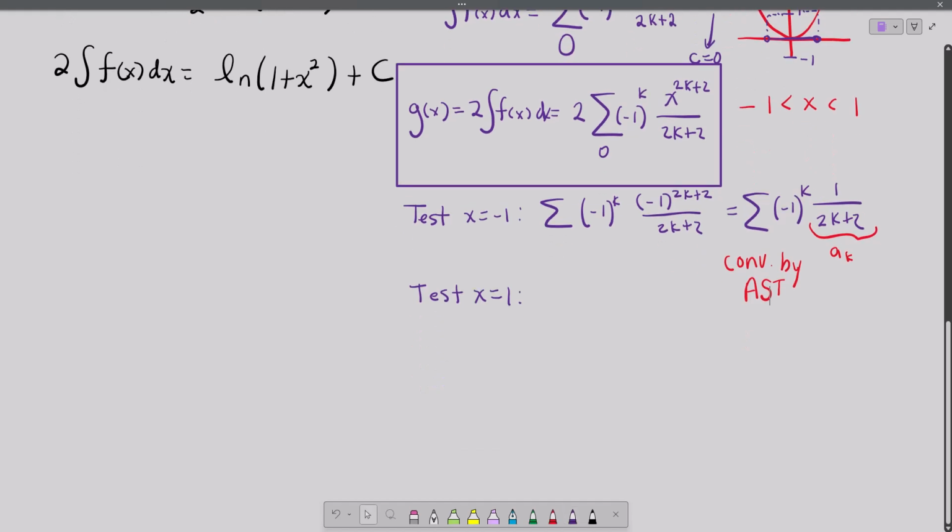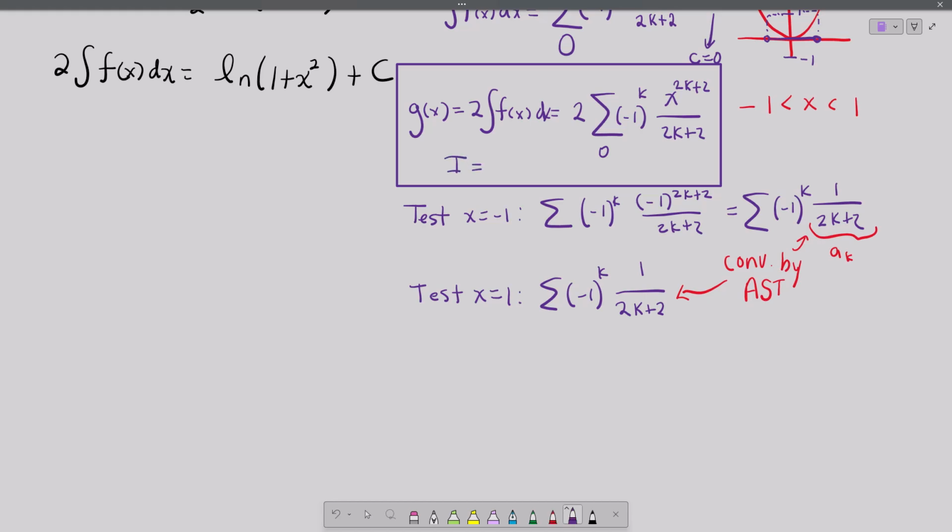And then when we plug in 1, let's see what the series is. We have negative 1 to the k. 1 to anything is 1. Oh, we end up with the same series. So both of these are going to converge in the same exact way by AST. That tells us that our interval of convergence is going to be same goalpost, negative 1 to 1, except we now include them.